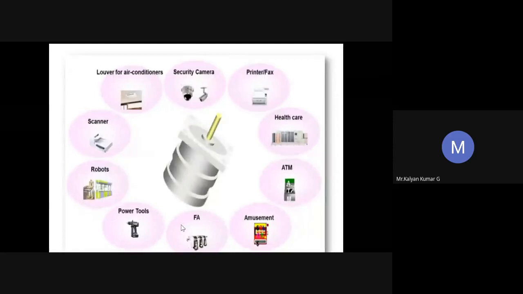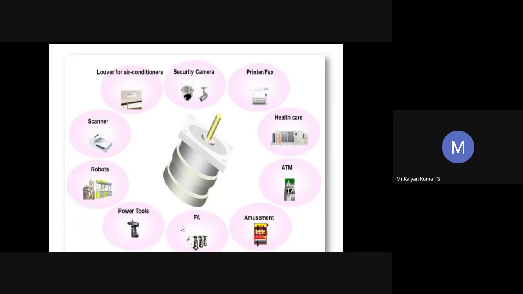It is also used in paper feed mechanisms in a printer, in process control systems, textile industries, even in IC (integrated circuit) fabrication, electrical watches, tapes, as well as disk drive systems.